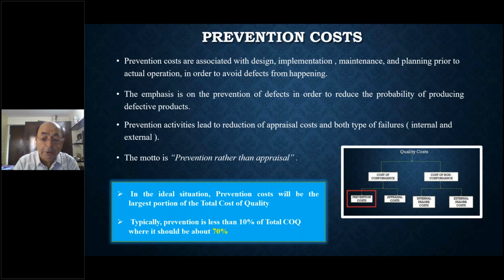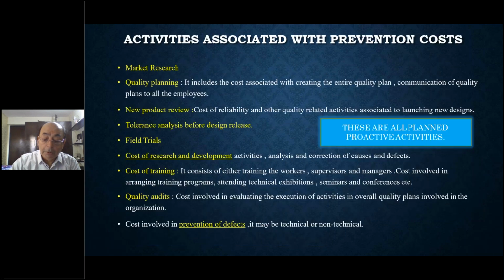Here are some examples: all costs of rework, scrap, defective items, waste, re-inspection, retest, and modifying the manufacturing or service process to correct deficiency. That means all costs of changing our processes, that means moving to preventive. These are all internal failure costs.